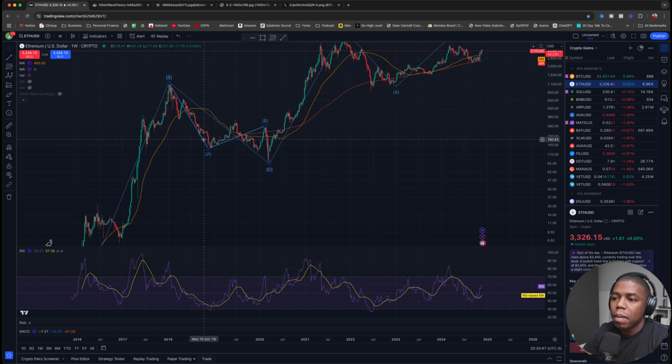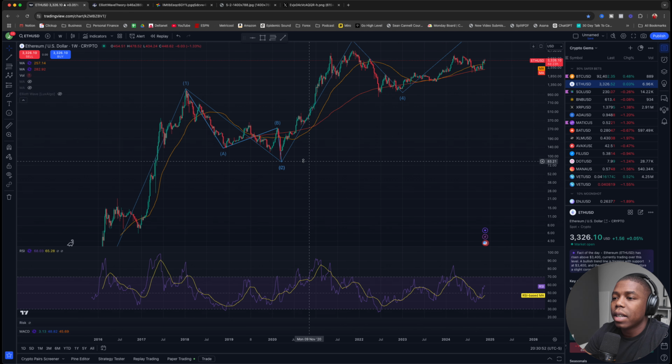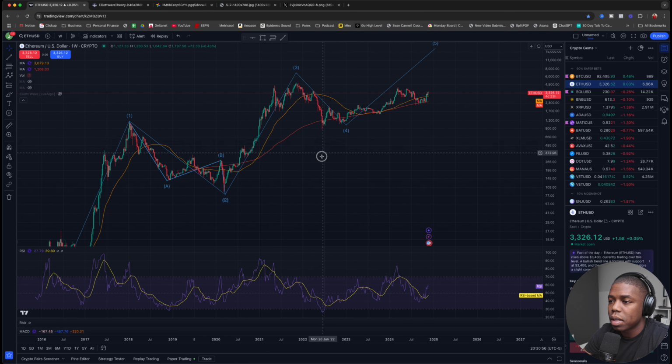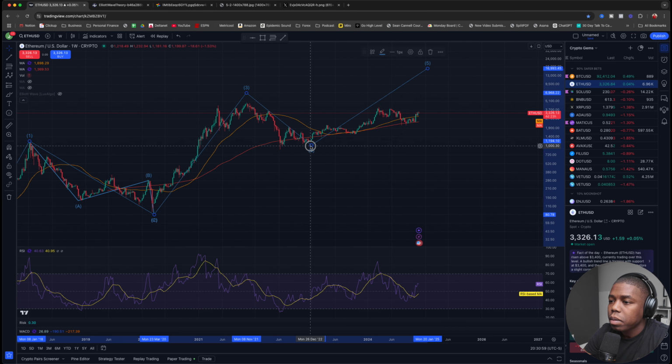This is somewhat subjective, but some of the charts are very clear to make some of these counts, and I consider the Ethereum one to be one just like that.